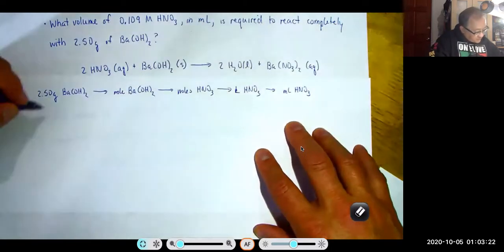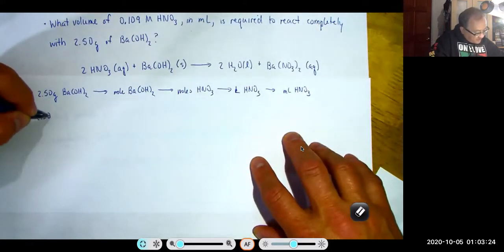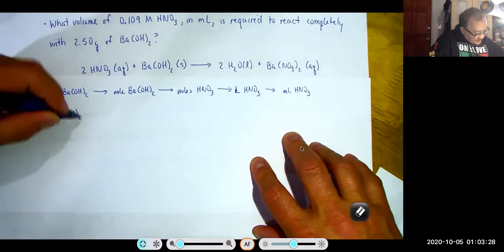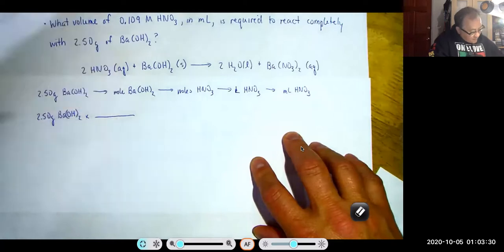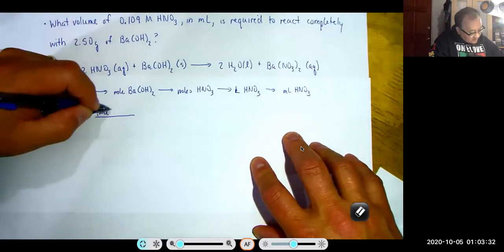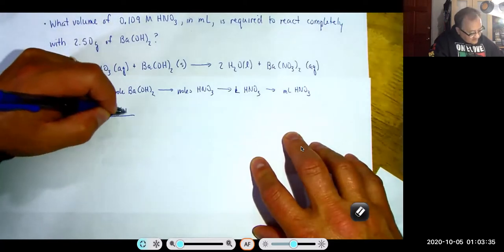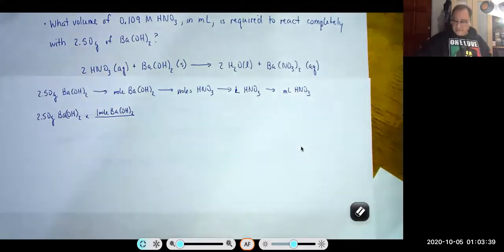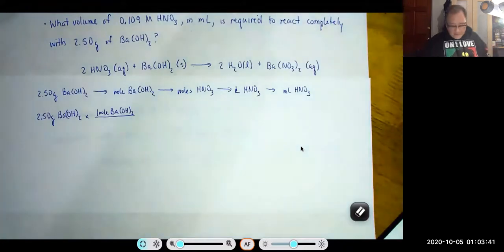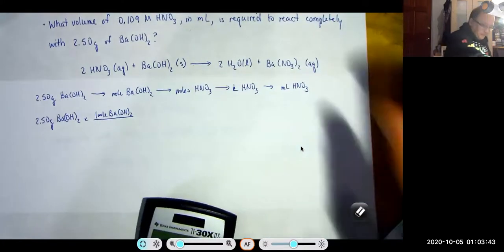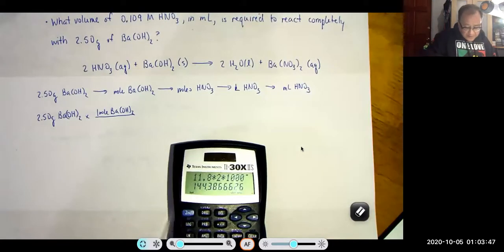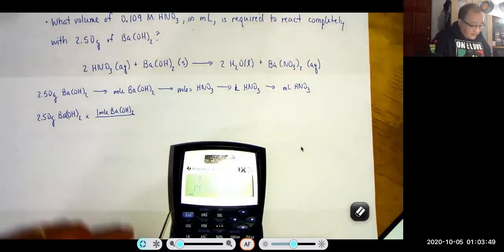So I'm going to start off with 2.50 grams of barium hydroxide and multiply by 1 mole of barium hydroxide. And here I'm going to have to figure out what that amount is. So a barium ion is 137.32.